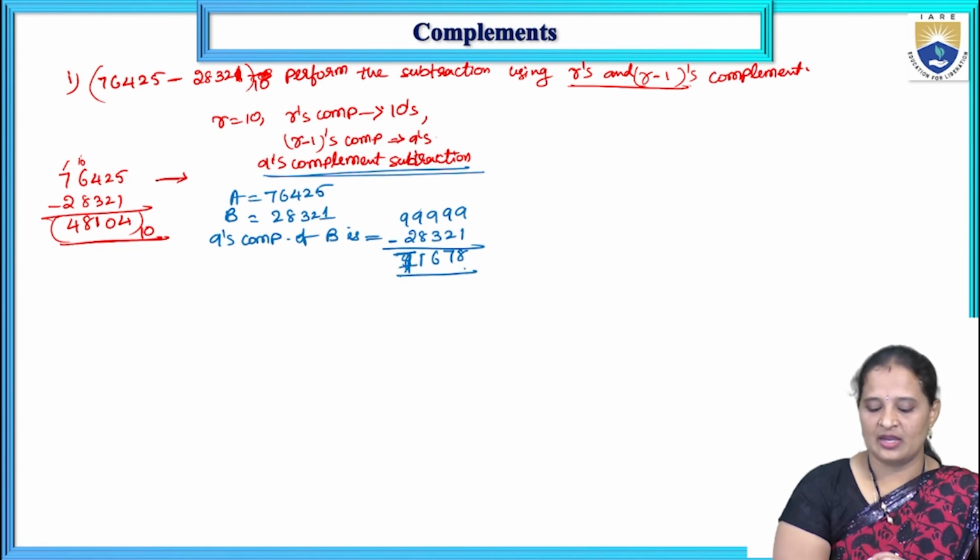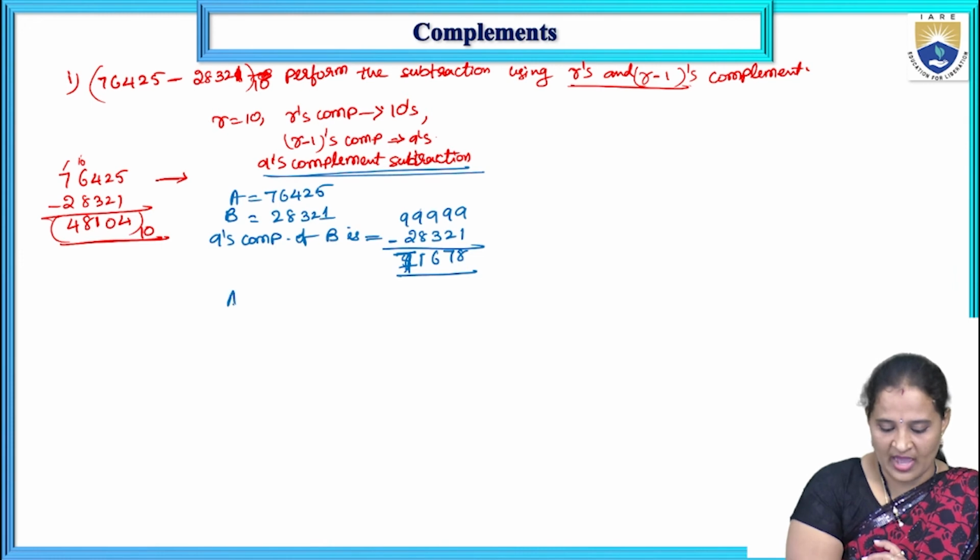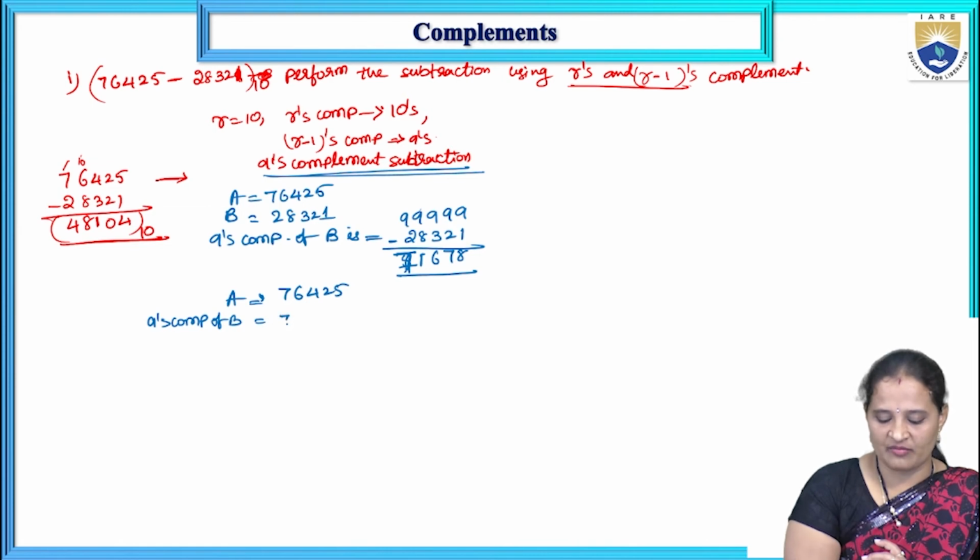So this is the 9's complement. Now we have A and the 9's complement of B, so perform the addition. A is 7, 6, 4, 2, 5 and the 9's complement of B is 7, 1, 6, 7, 8.